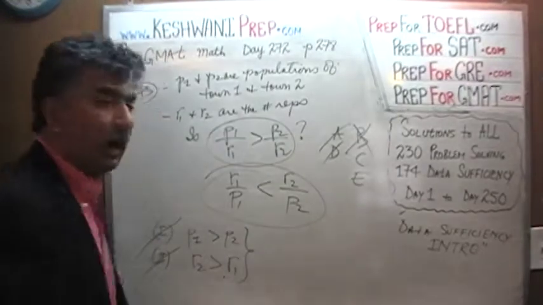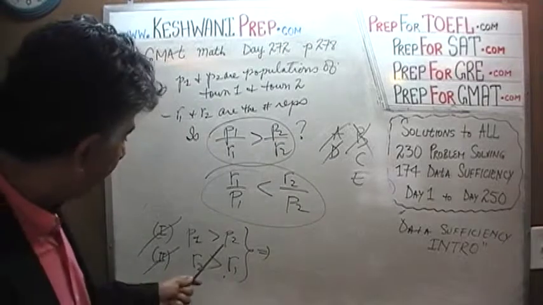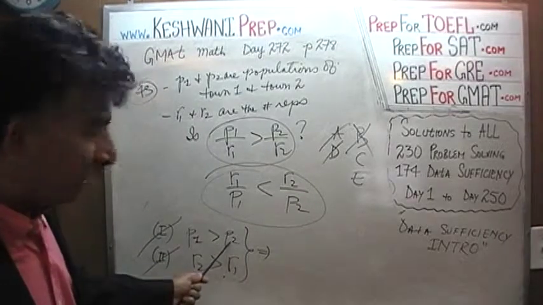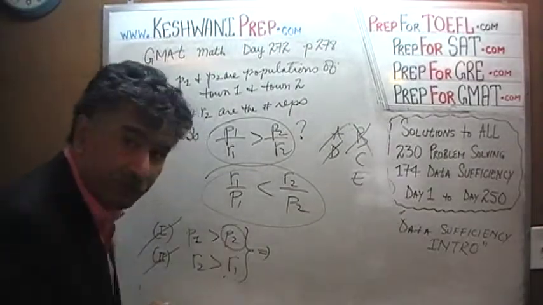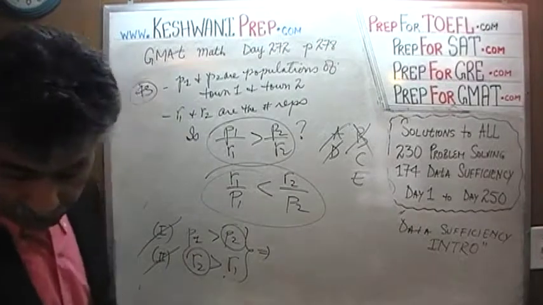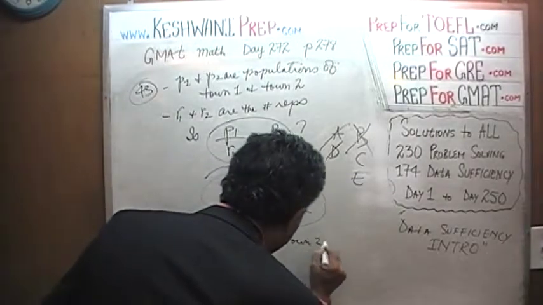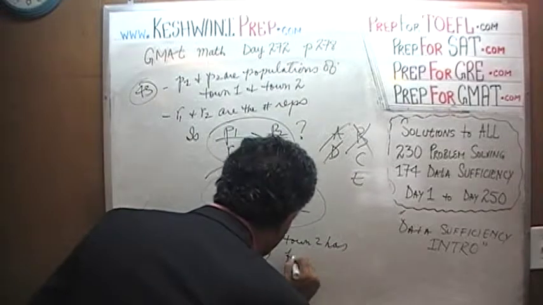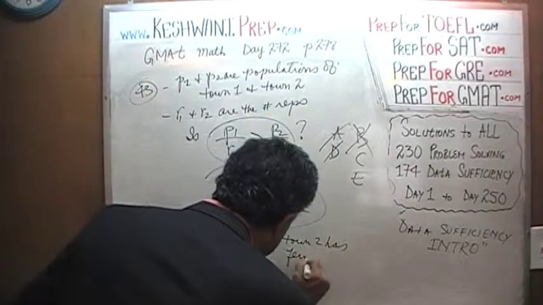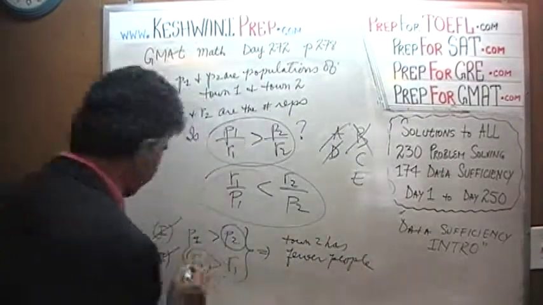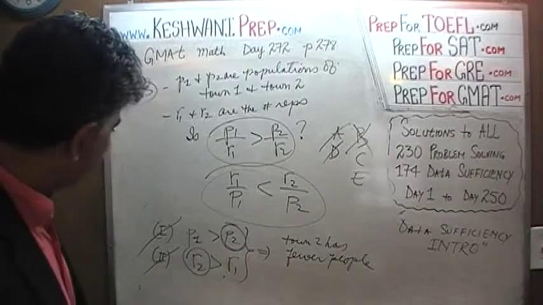When we put them together, aha, now we get somewhere. If we put them together, what this tells us is that not only does town 2 have less population, but it has more representatives.